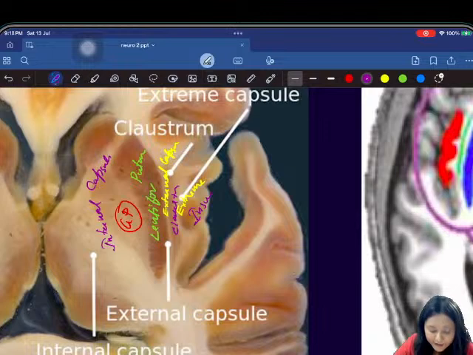So from outside to inside first comes insula, gray matter, white matter I have drawn with yellow color.